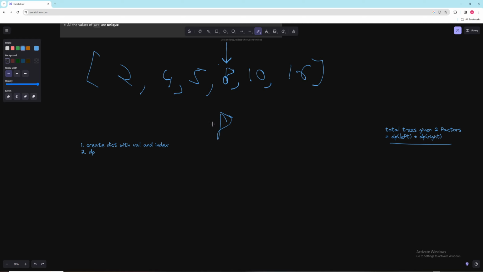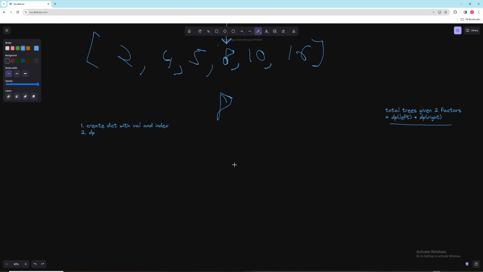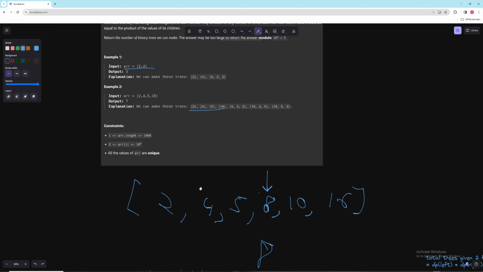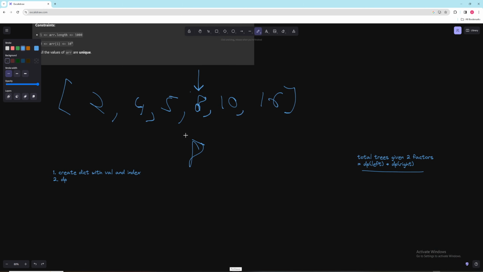So how many trees can we make? Well, if you look at the example, you can always make the tree with just the root and no children. So we're going to initialize our result to be just the root and no children. So whatever thing we're at, we initialize our answer to be 1, and then we look for all factor combinations and add it here. So dp with cache, obviously.